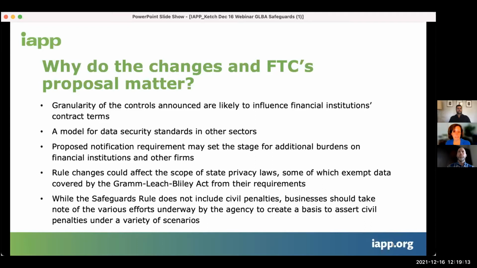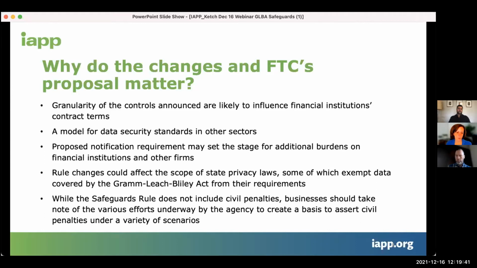And we've seen that the FTC and the CFPB and other regulatory agencies are starting to flex their muscle in these and other spaces. The rule change could affect the scope of state privacy laws, as Robert described at the top, some of which exempt data covered by GLBA from their requirements. This is true to different extents in the CCPA, Colorado, and Virginia state laws.